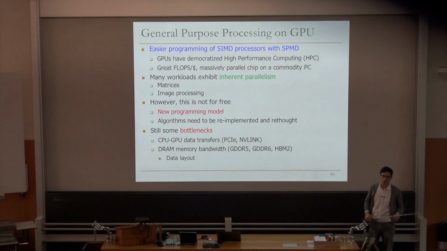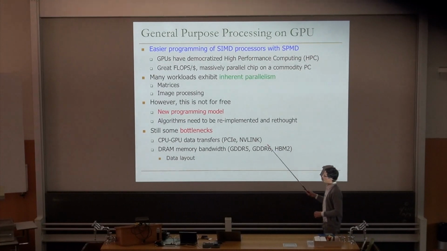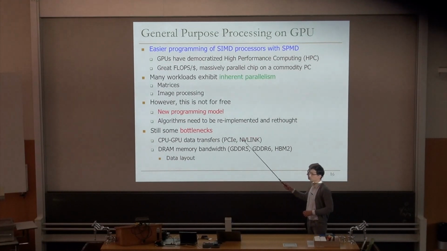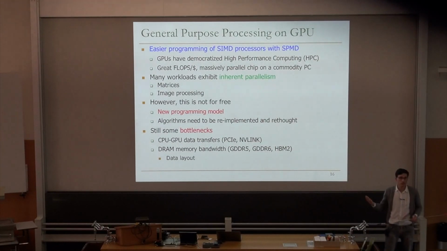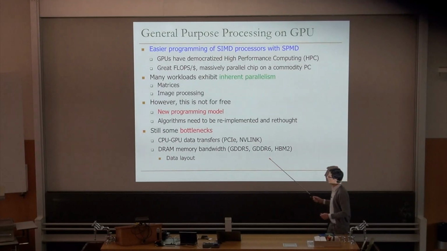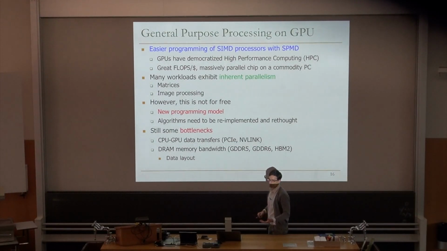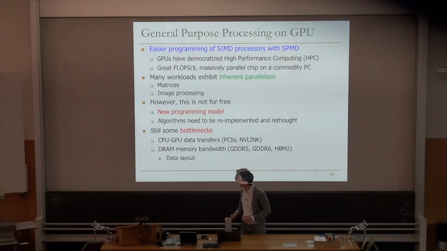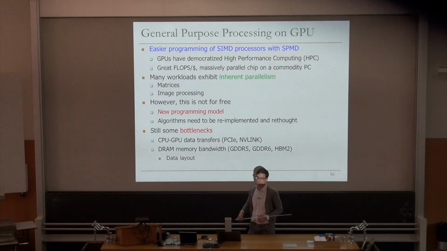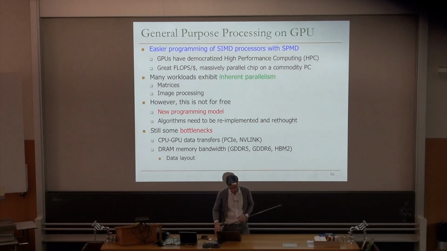Recently, like 2-3 years ago, Nvidia, in collaboration with some partners, for example IBM, launched NVLink, which is faster, let's say. So the problem is still there, but it is true that NVLink can provide higher bandwidth than PCIe. And then the second bottleneck is, as you could expect, the access to DRAM.